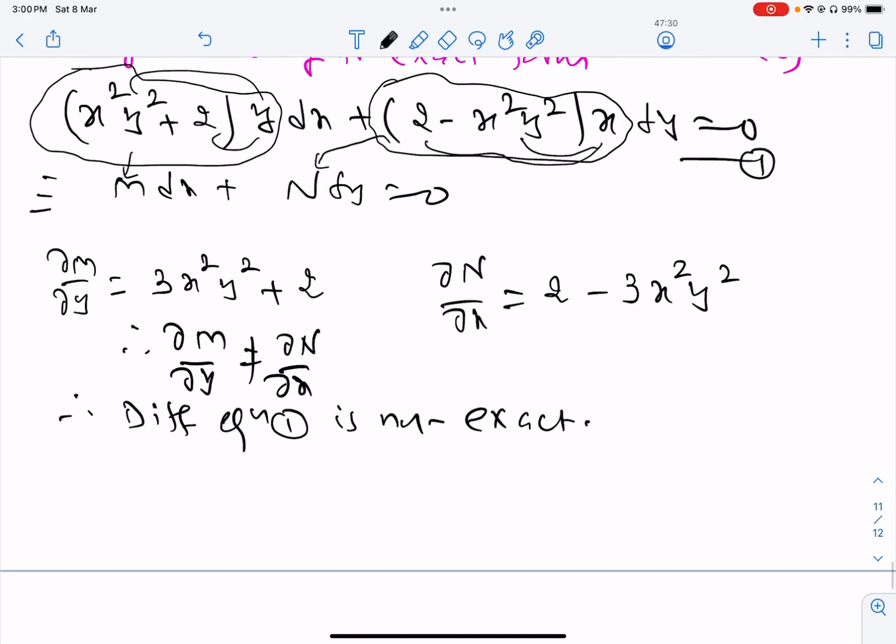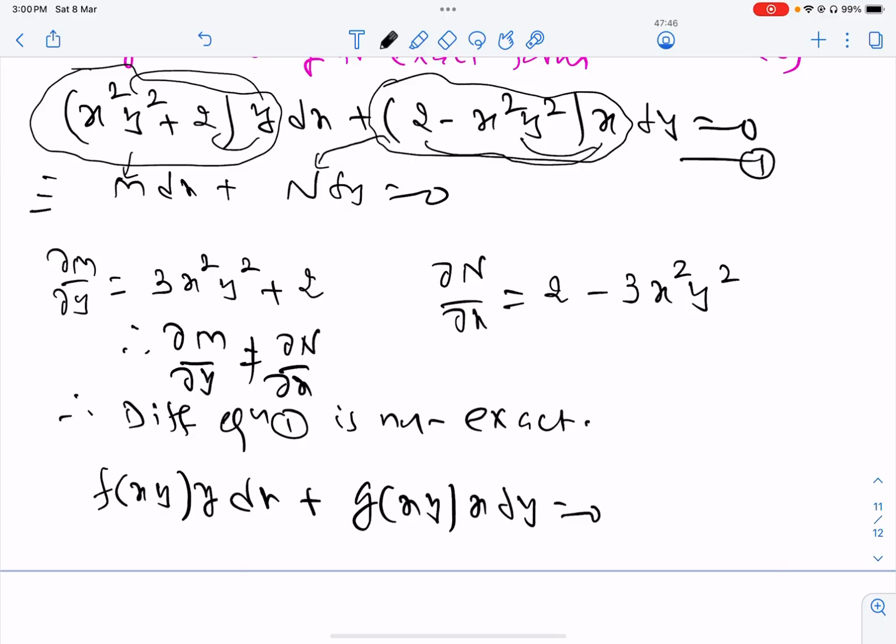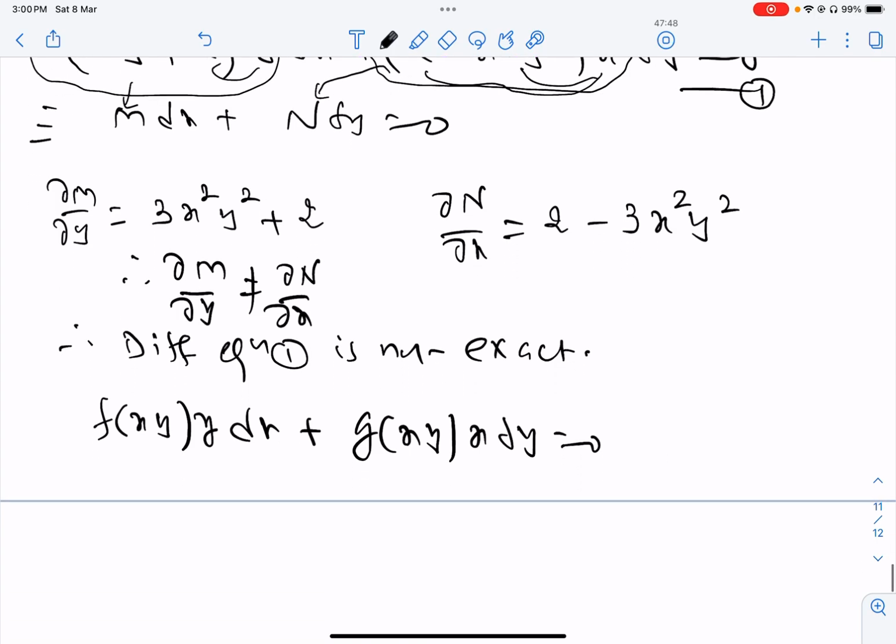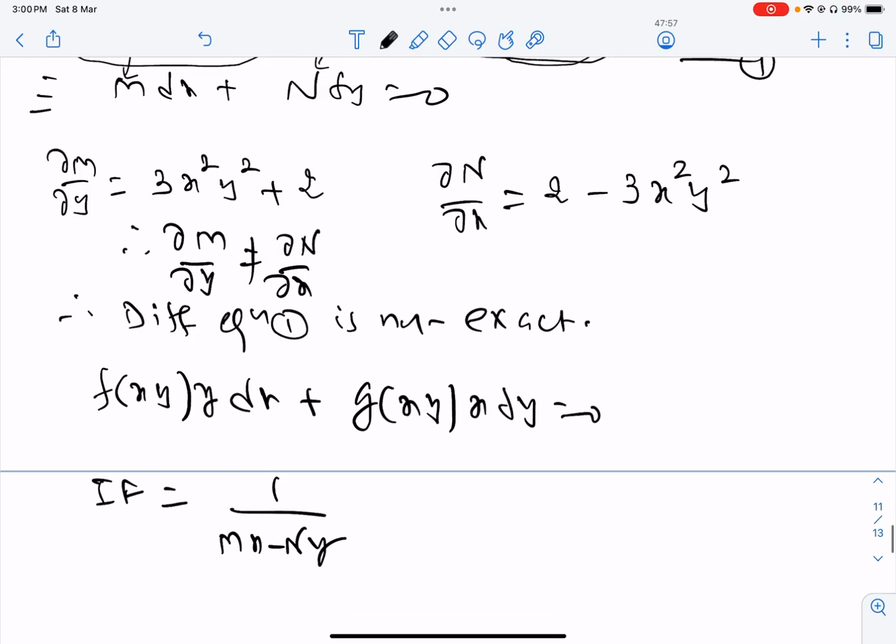But we know that if our equation is of the form some function in terms of xy into y dx plus some function in terms of xy into x dy equal to 0, then the integrating factor is 1 upon mx minus ny.